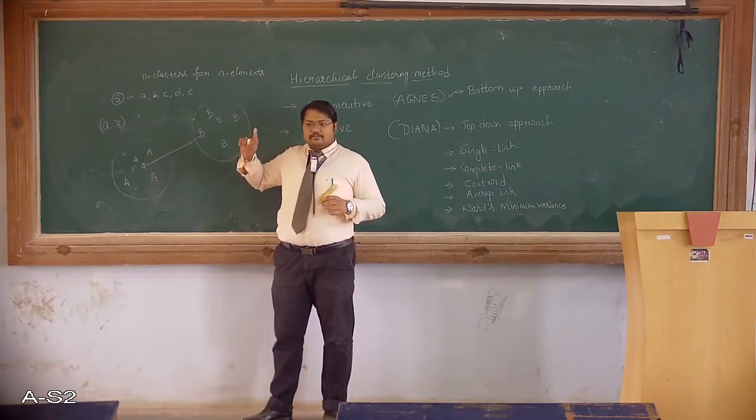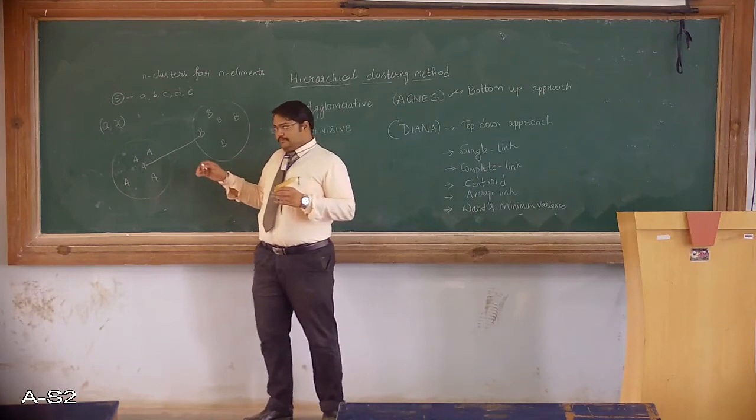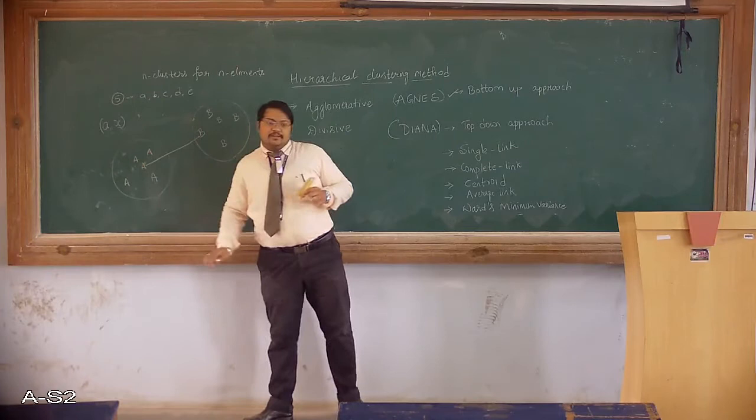So this is one way. When I say A and B, the smallest distance between those two points, these two will be merged together like that.